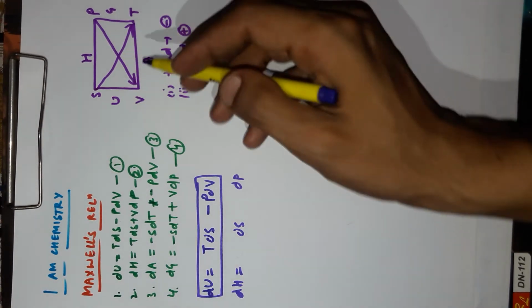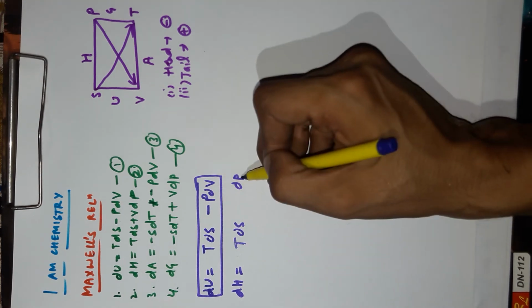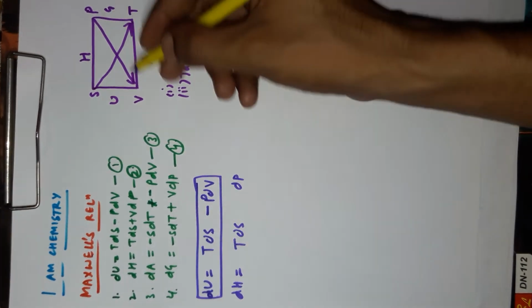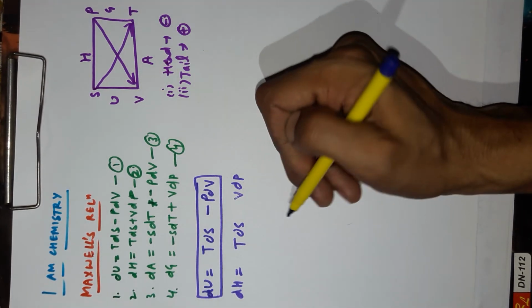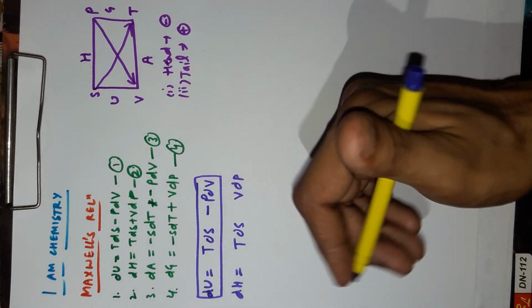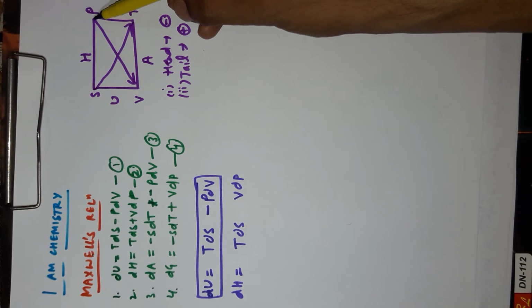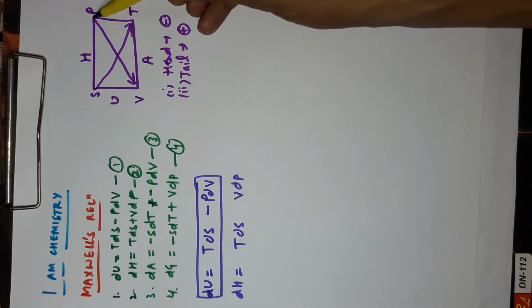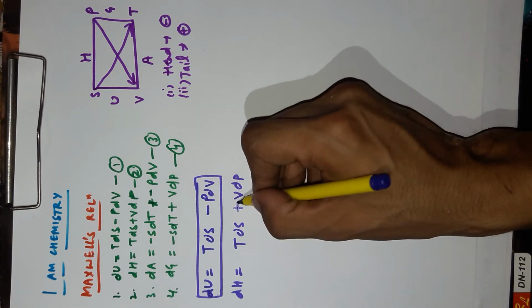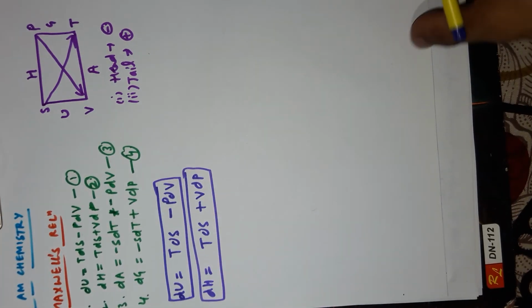In the diagonal relationship of entropy we have T, and in the diagonal relationship of P we have V. And now what is the sign between them? Again this thing arrives. But because in this case the arrow is emerging from this, it is taken as positive. I hope these things are clearing in your mind.